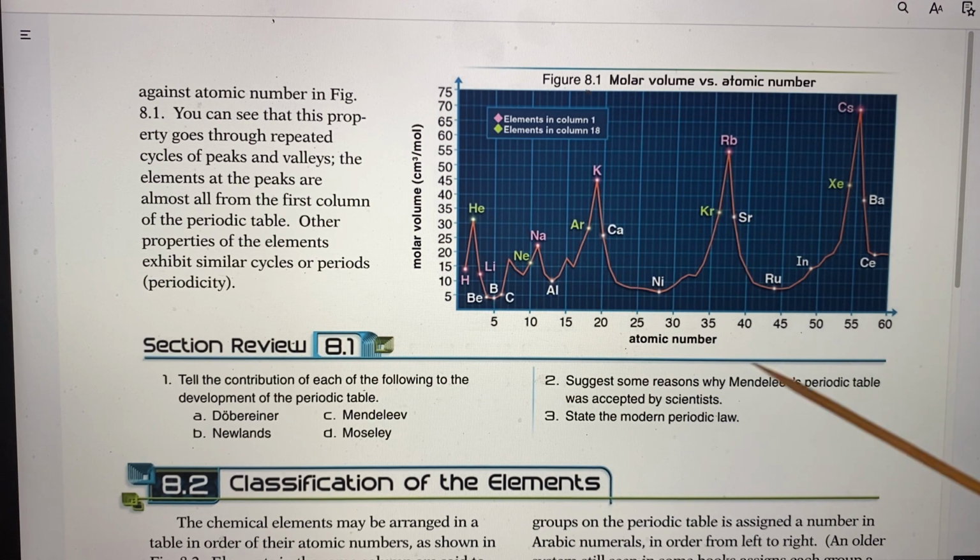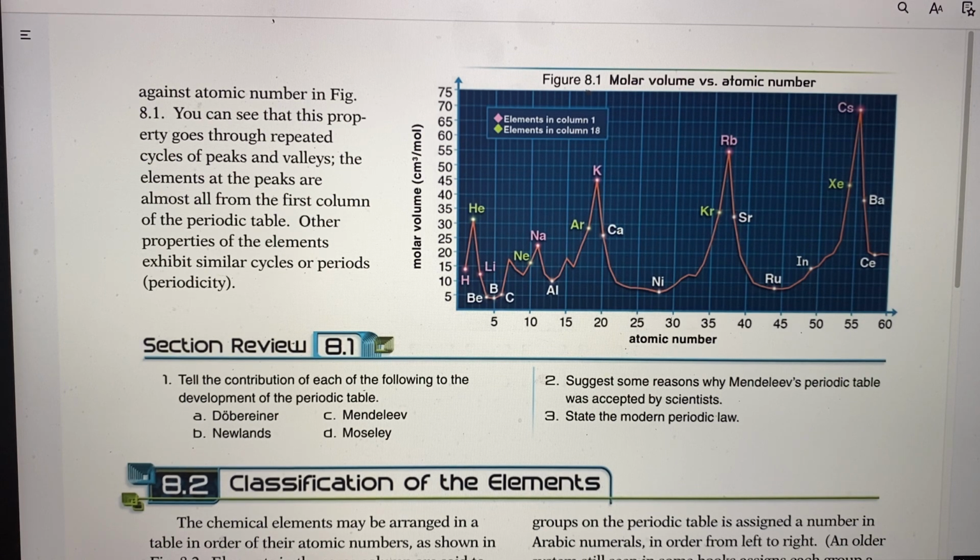On to number 2, suggest some reasons why Mendeleev's periodic table was accepted by scientists. It was accepted because they did see that Mendeleev had the elements in groups, and he even predicted elements that were in these groups or between atomic numbers, and predicted them so accurately. They said Mendeleev's periodic table must be accurate.